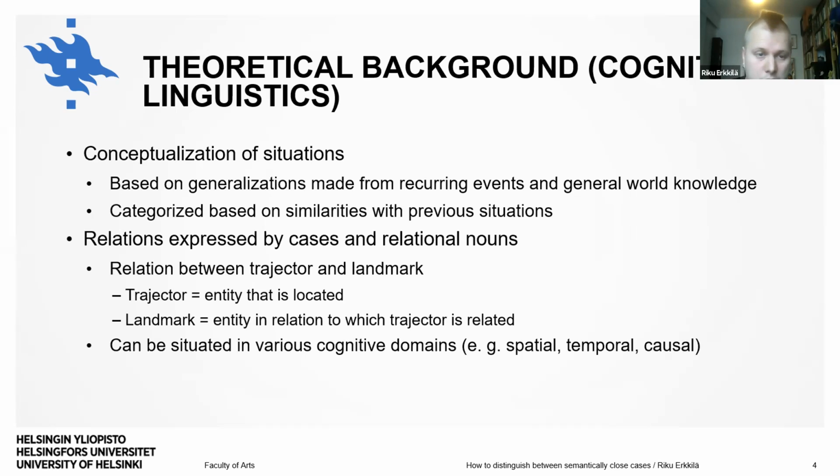And as we saw in the previous presentation, the difference lies many times only in the focus on a part of the landmark versus the focus on the whole of the landmark. And all of these relations can be situated not only in the spatial domain, as the name spatial relations presupposes, but they also can be temporal, causal, or whatever. Doesn't matter.